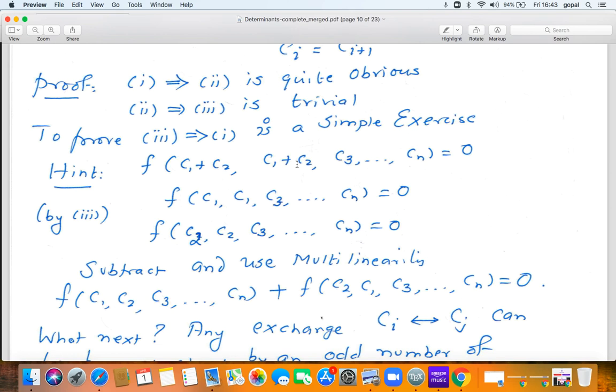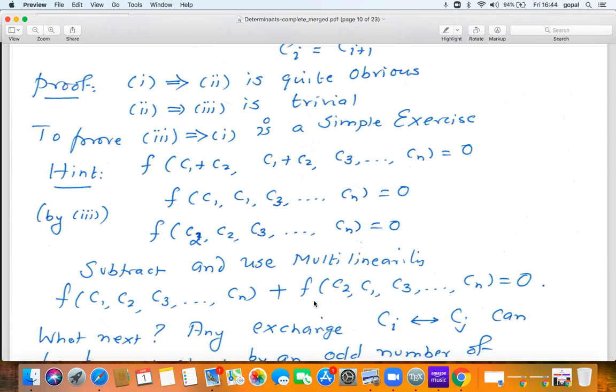In these 4 terms, one of the terms is going to be f of C1 comma C1 comma C3 to Cn. That drops out. And another term is going to be f of C2 comma C2 comma C3 to Cn. That also drops out. So which 2 terms survive? f of C1 C2 Cn plus f of C2 C1 Cn, and the sum is 0. So this means that if I swap the first and the second columns, I pick up a negative sign.